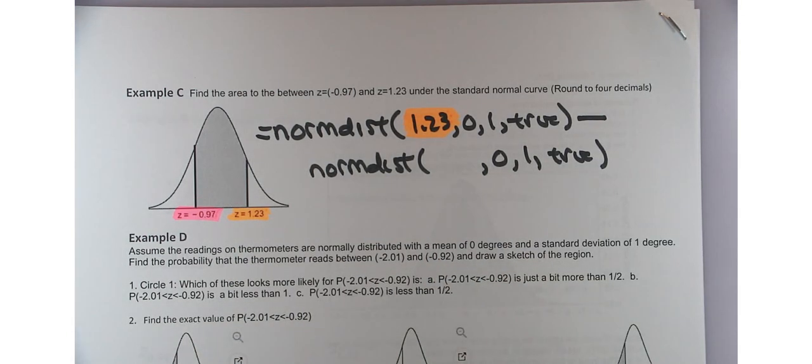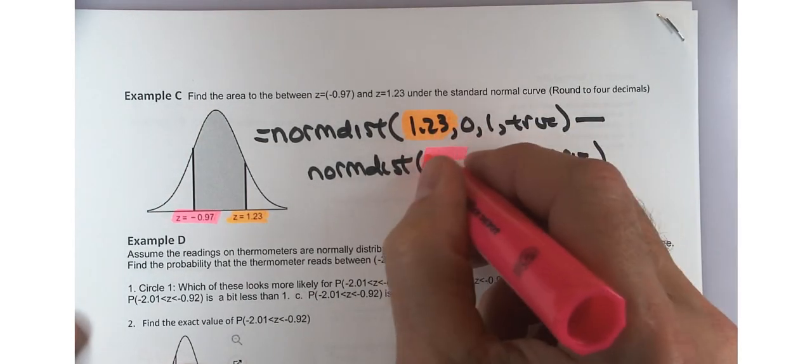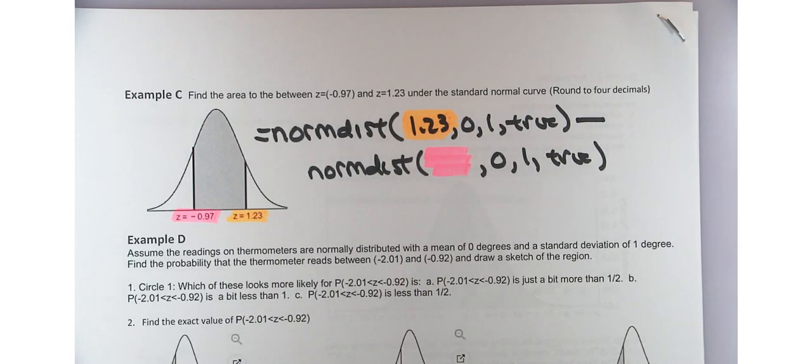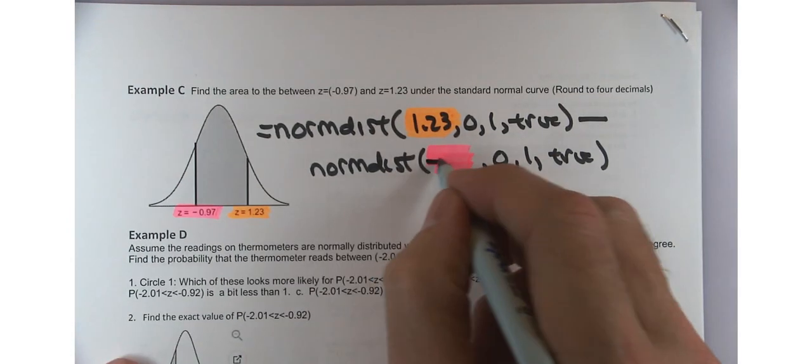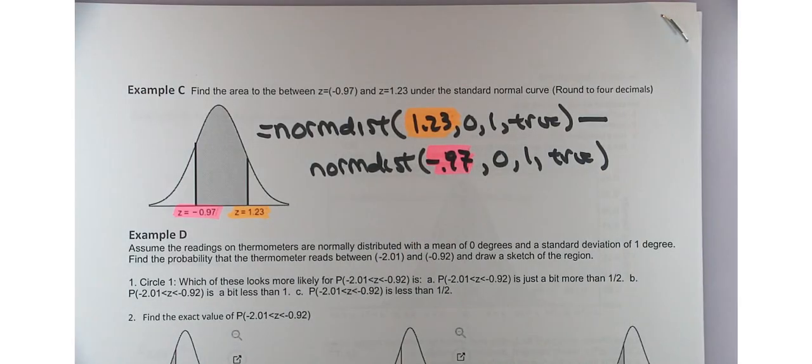This time I need to put in the negative 0.97. And that's how I'm going to get the area between those two points.